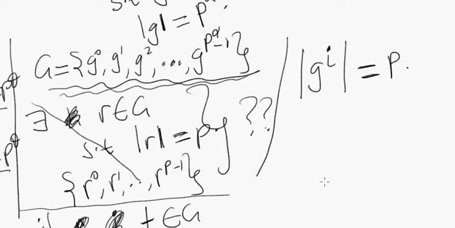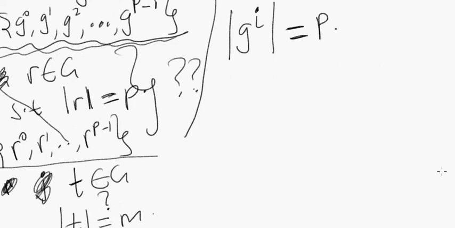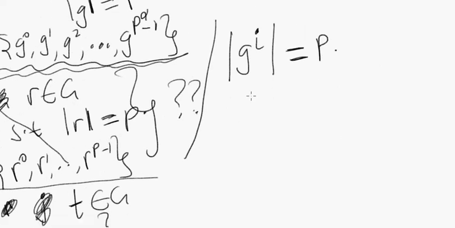What does our previous strategy seem to tell us? Sorry, we're getting ahead of ourselves, we're just making a mistake here. Suppose we proved that an element g to the i of G, raised to the p, equals 1.